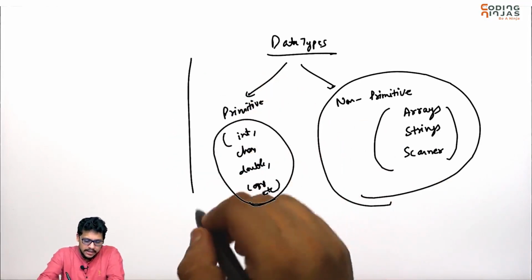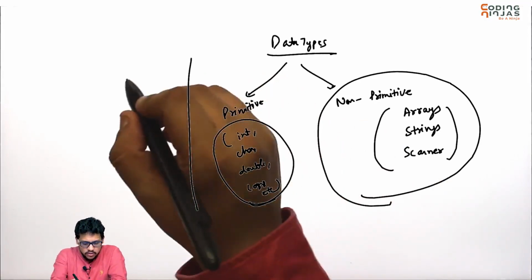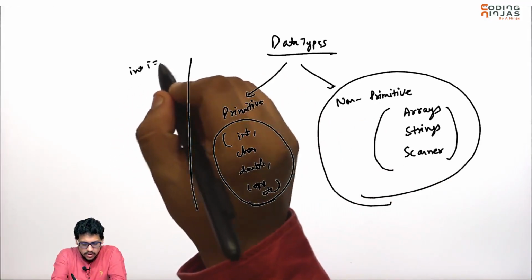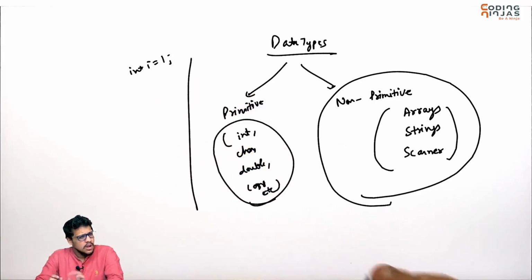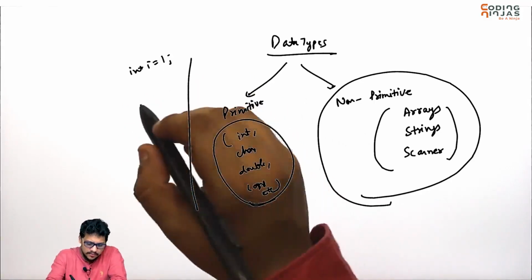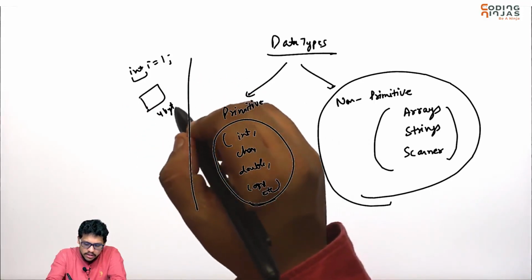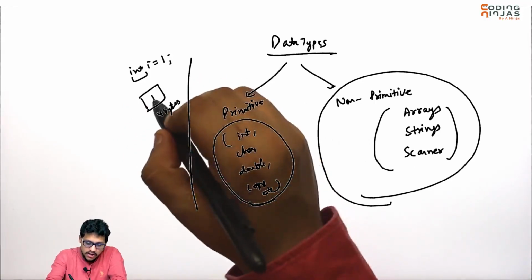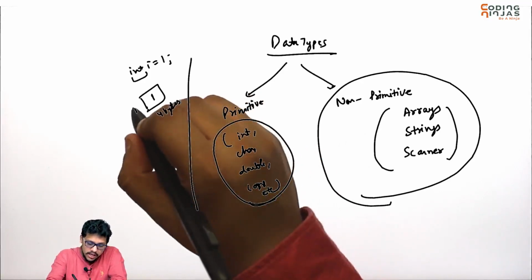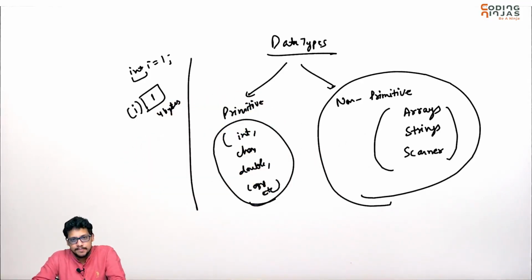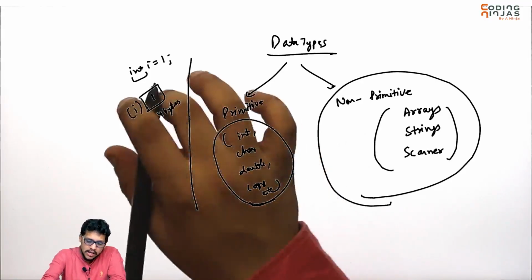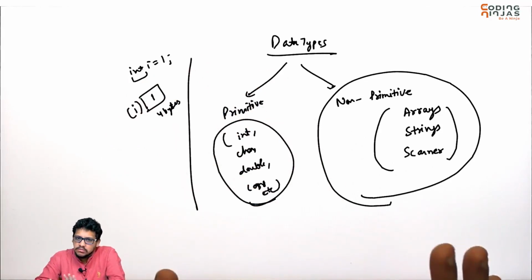In primitive data types, as we already know, we write int I equal to 1. What happens behind that is, since it is of int type, 4 bytes of memory is created somewhere, 1 is stored there, and the name of the memory is I. So I is storing the value 1.